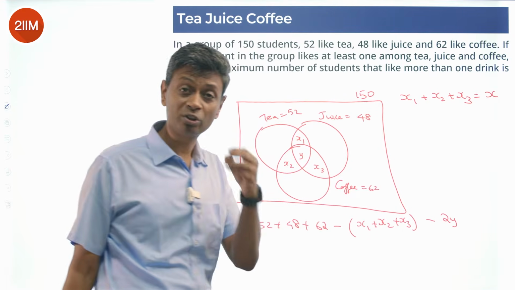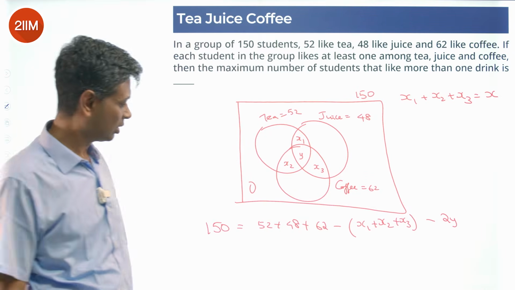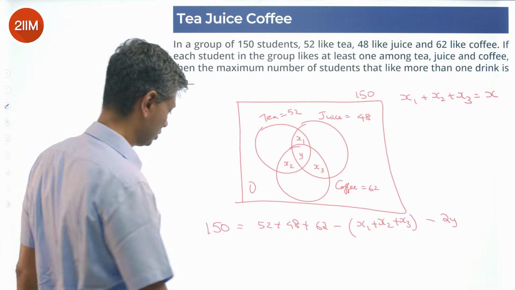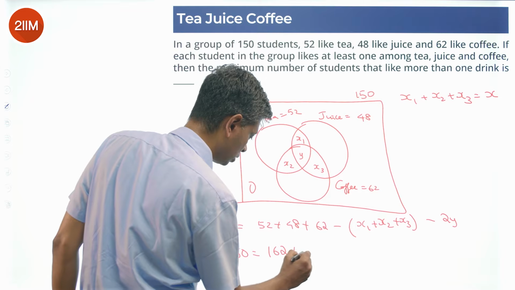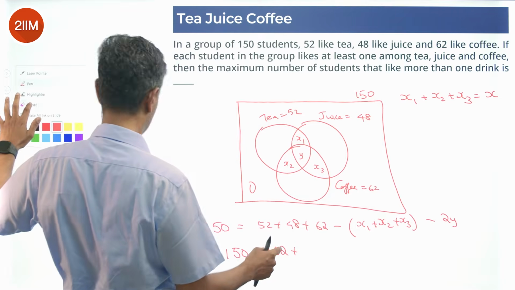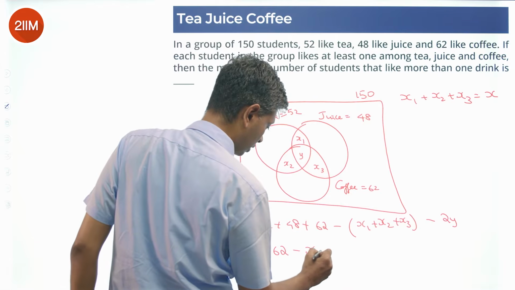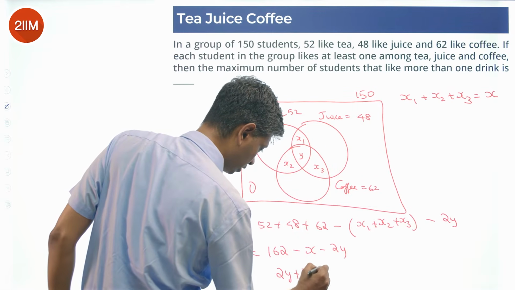I triple count this y, so I subtract that twice over. Nice. 52 plus 48 is 100, 100 plus 62 is 162. So 150 equals 162 minus x minus 2y, so 2y plus x is equal to 12.